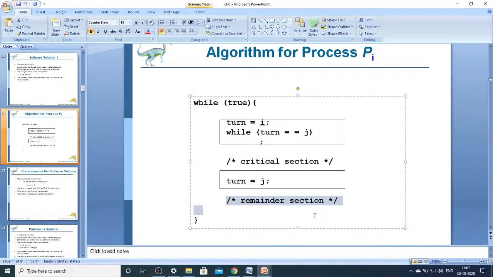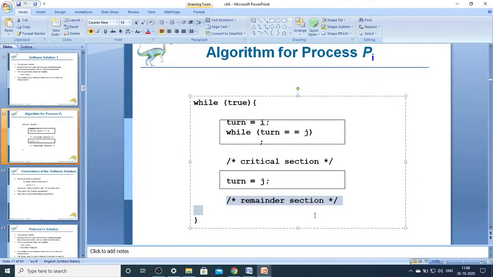So we have already discussed that the critical section is nothing but whatever code contains the shared data modification and shareable resource access. We consider that part of code as the critical section, and the rest of the code, where no shareable resource is involved, will be considered as the remainder section.